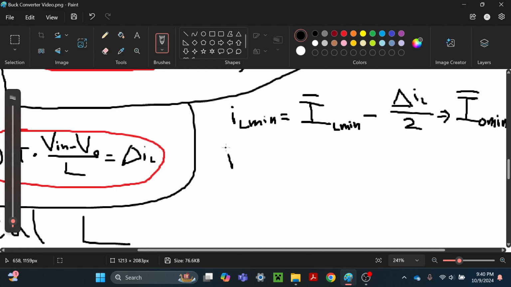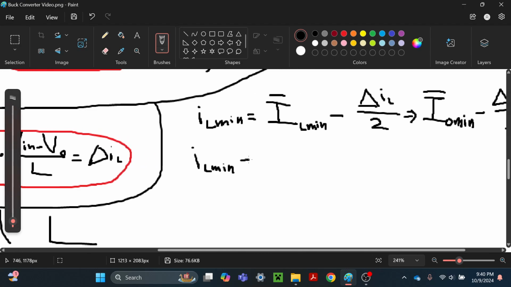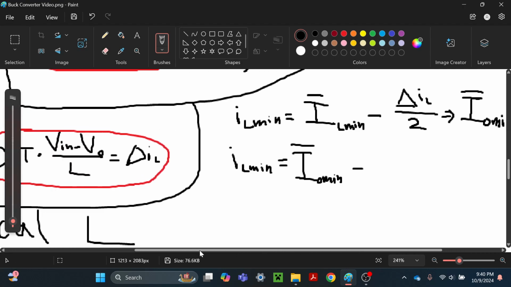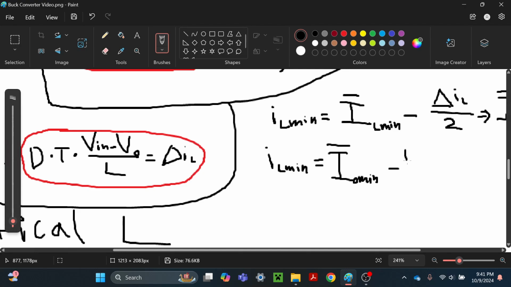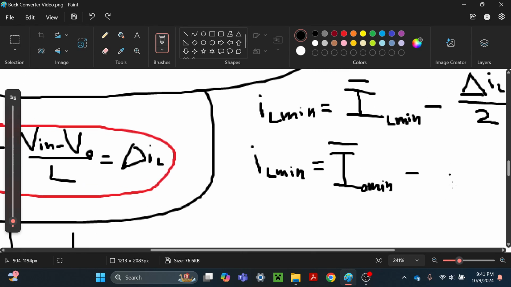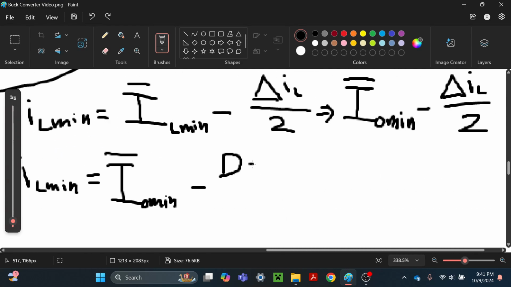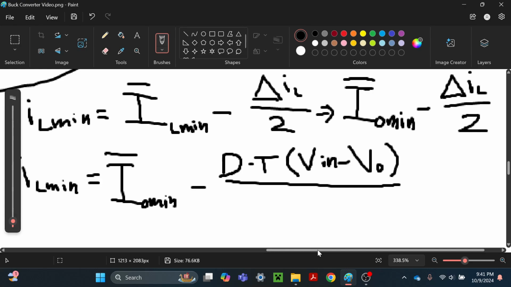So then we're going to get IL min is equal to I out minus all of this: D times T times (V in minus V out) all over L, right? Yeah.